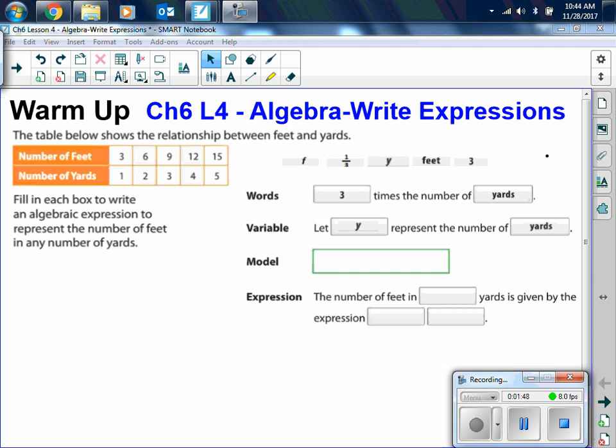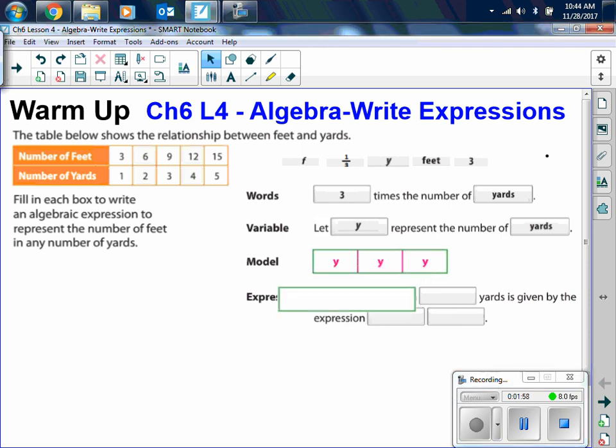Now in the model, if I'm multiplying the yards times 3, that means if I break up this whole thing, it is going to be 1 yard. If I break it up, we'll have a yard, yard, yard. That's going to be 3, right? So now we want to know the number of feet in 1, 2, 3, 4, 5 yards, right?